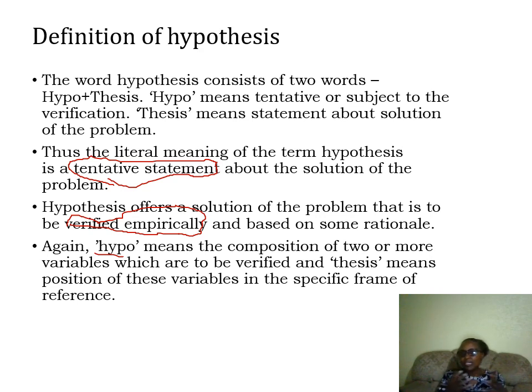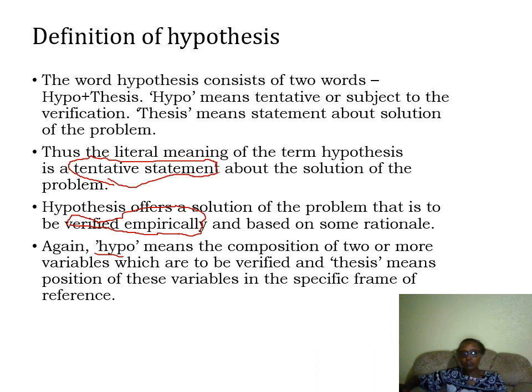So already, by the statement I've given of online learning, rural learners, and poor performance, online learning and rural learning are already variables, and I'm seeking to find out or to establish if that relationship causes poor performance.